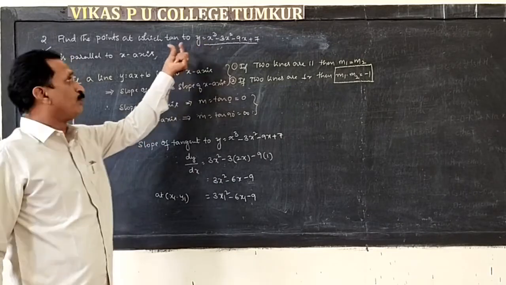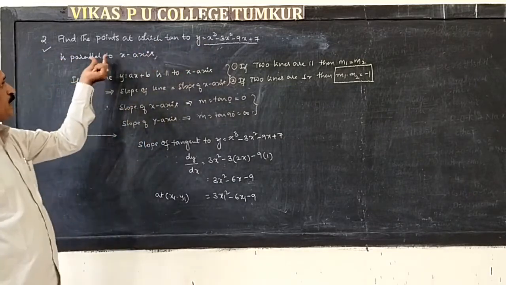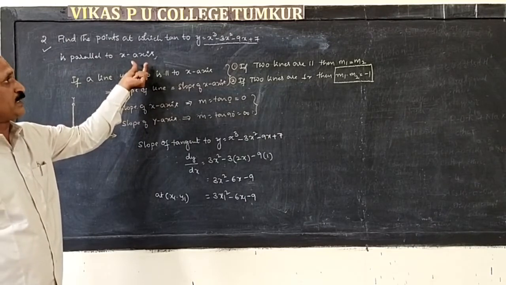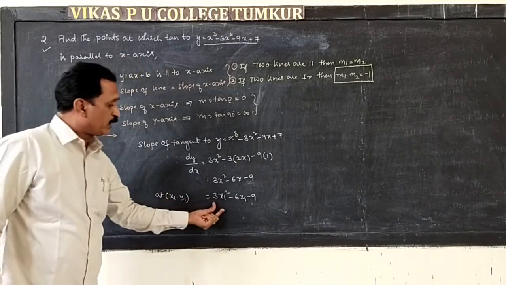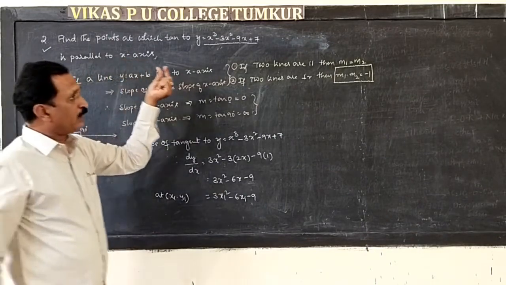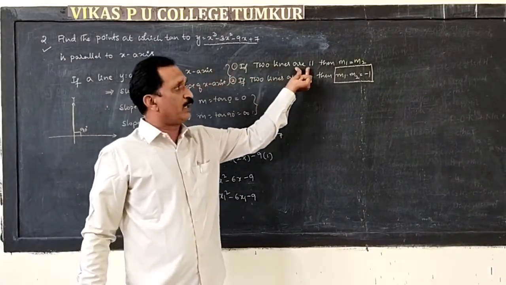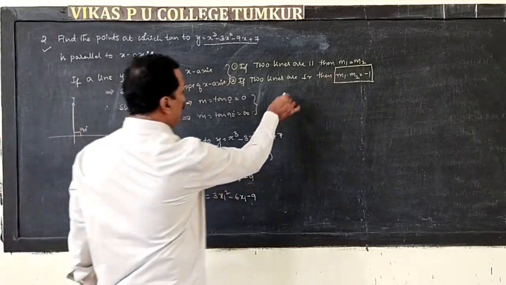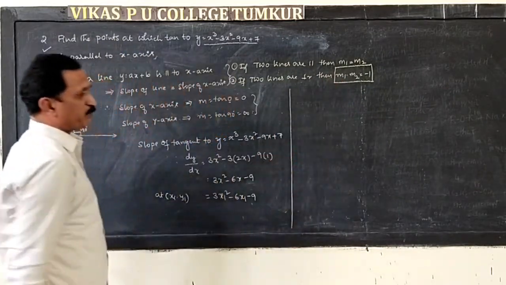Now look at the problem. This tangent is parallel to the x-axis, and the slope of the tangent is equal to the slope of the x-axis. If two lines are parallel, then their slopes must be equal. So by using that condition, I will redefine the problem like this.